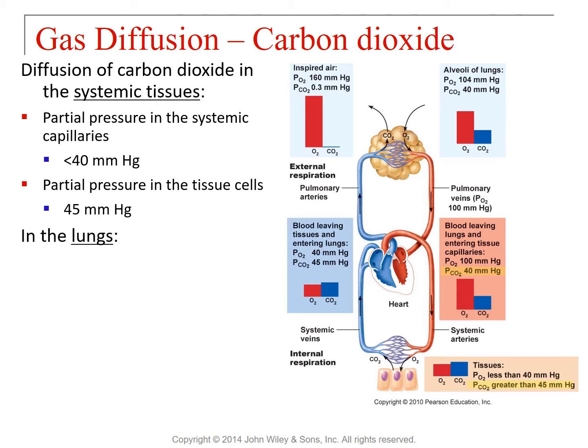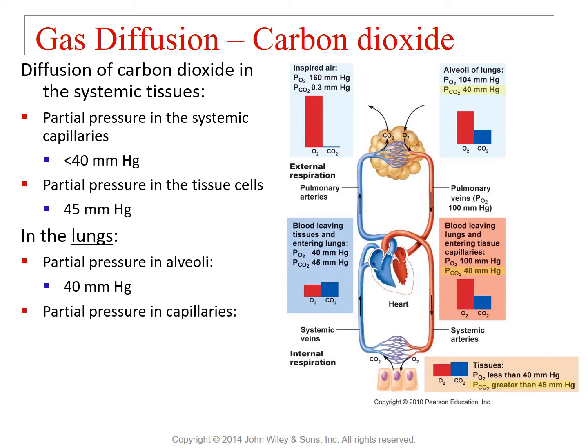And so what that means is that in the alveoli, the partial pressure of CO2 is going to be 40 millibars. In the capillaries that lead into it, the partial pressure is going to be 45. So when this deoxygenated blood that's entering here comes into the lungs, it has this PCO2 of 45 millibars.